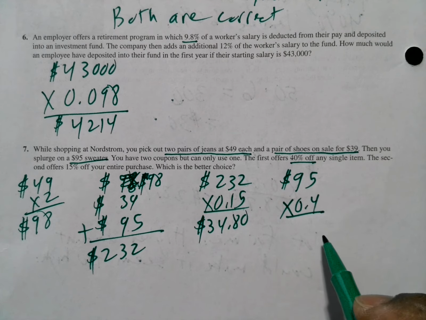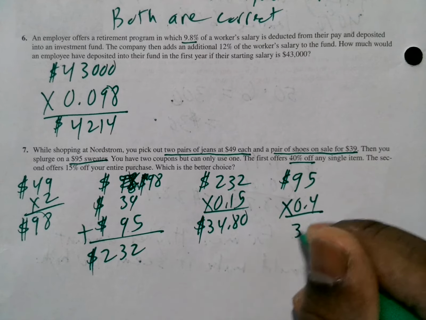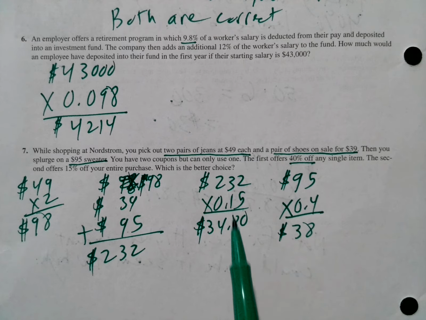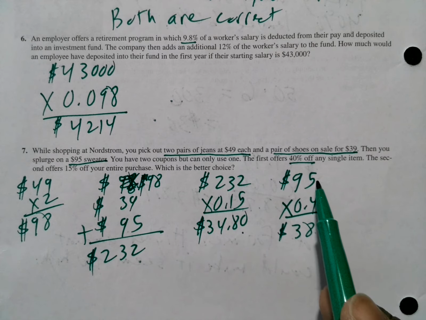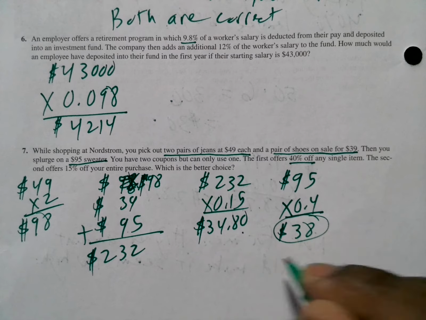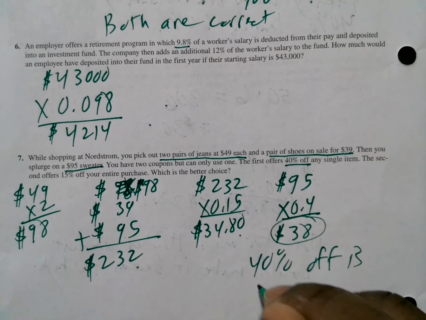That would give us $38 off. So the 15% off of the whole bill only gives $34.80 off, while the 40% off just the $95 would give us $38 off. So the 40% off is the better deal.